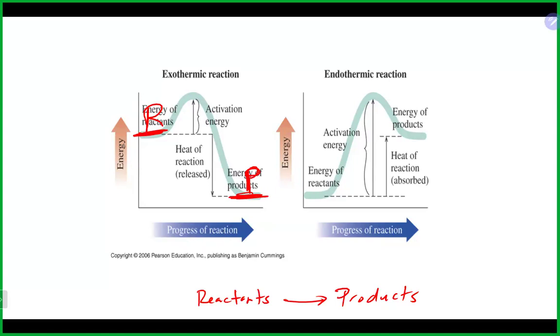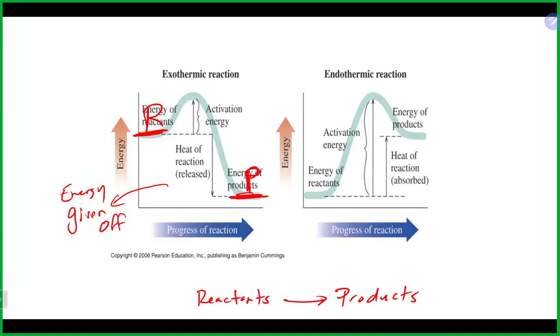So the only way, if you want to think about it this way, for our reactants to get down to our products in terms of energy is energy has to be given off. So whenever you see any type of energy diagram like this, where the reactants are starting higher in energy than where the products end up, it's always going to be an exothermic reaction, and net the reaction is going to basically give off that energy.